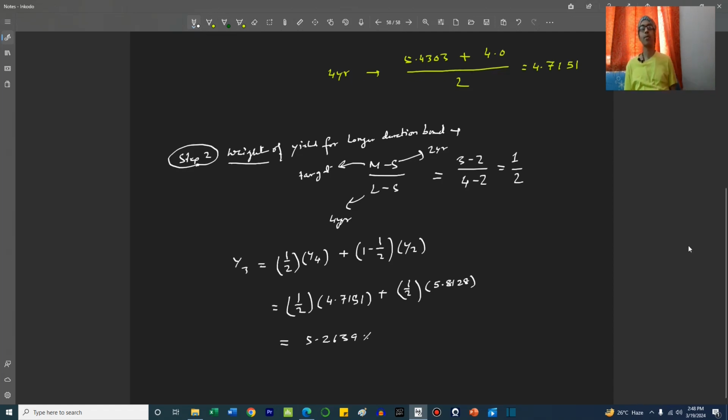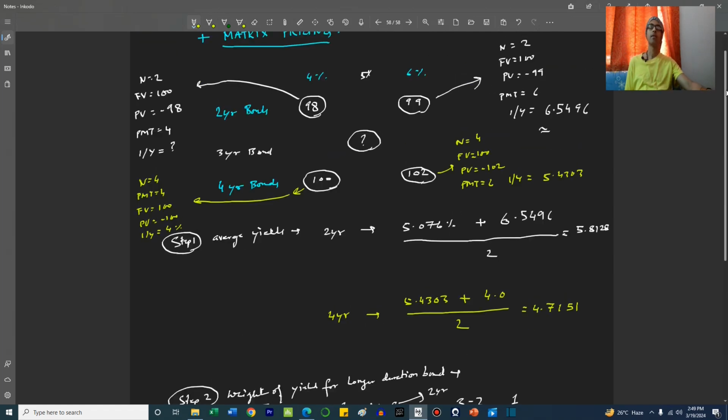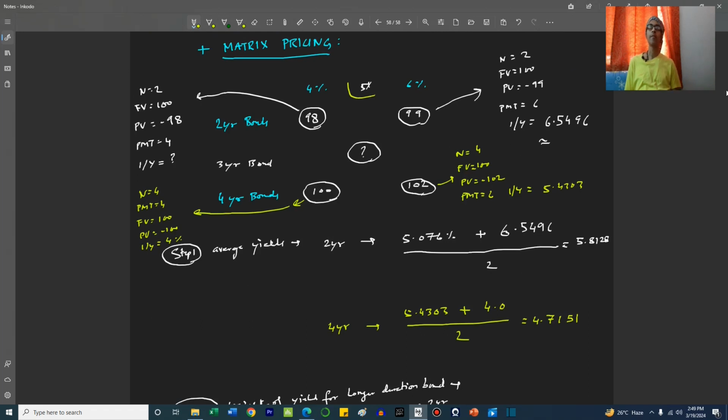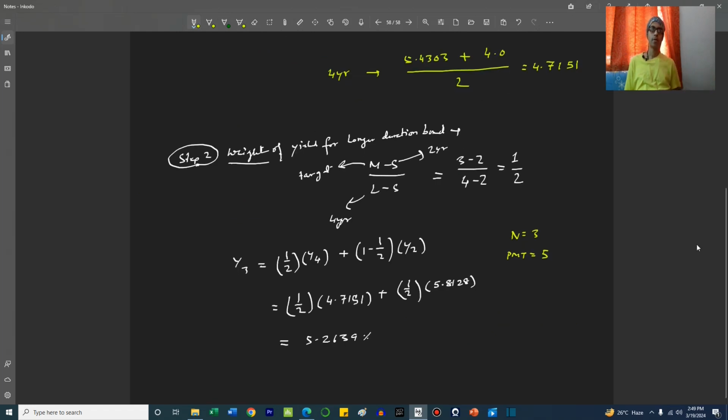Now if we have to calculate the present value, that is the price of this bond, how do we do that? We have the period, which is 3 years. We have the coupon, that is the periodic payment. This is 5, right? Here the coupon payment is 5. Future value is at par or 100. Yield is 5.2639.